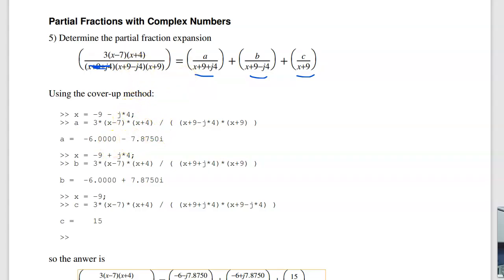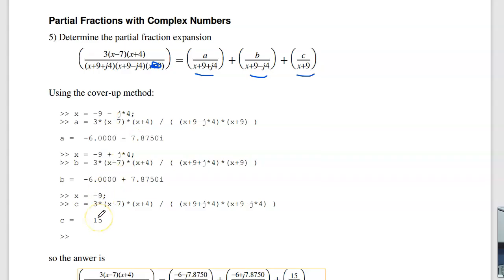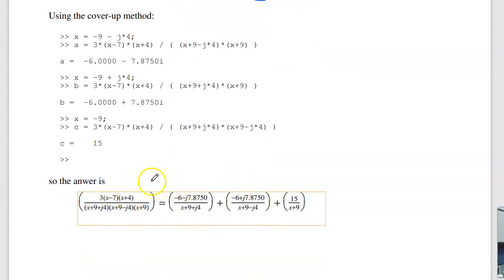That's a. To find the second term, I cover up this term, evaluate at -9 plus j4, I get b. And finally, for the third term, I cover up this guy, evaluate at x equals -9, I get the third one. So here's your answer.